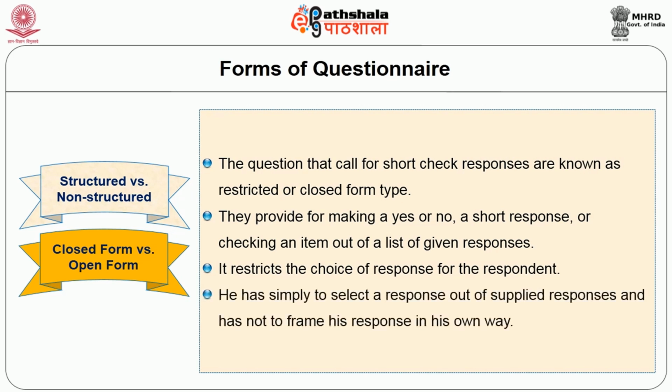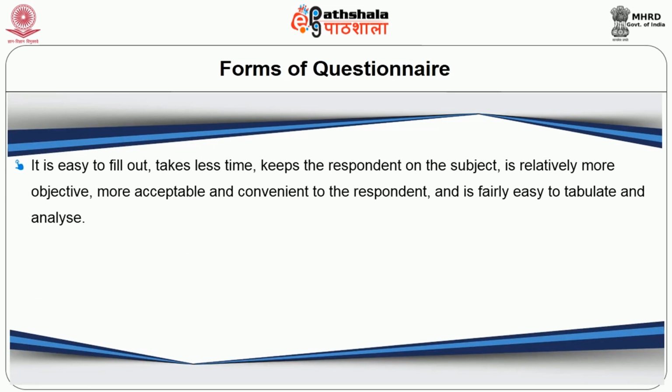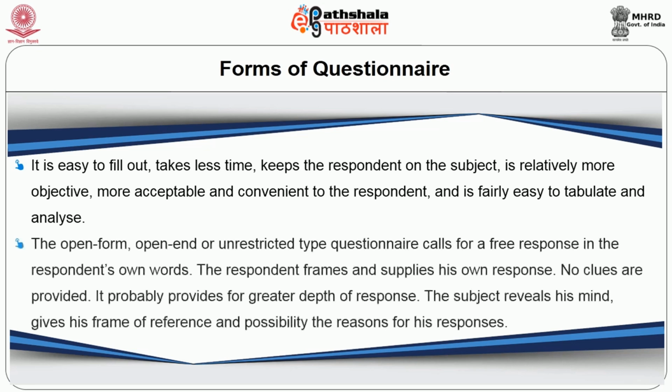He has simply to select a response out of supplied responses and has not to frame his response in his own way. It is easy to fill out, takes less time, keeps the respondent on the subject, is relatively more objective, more acceptable and convenient to the respondent, and is fairly easy to tabulate and analyze.